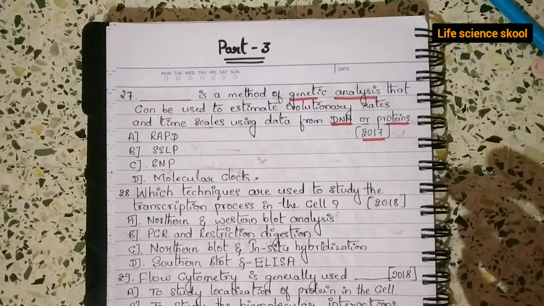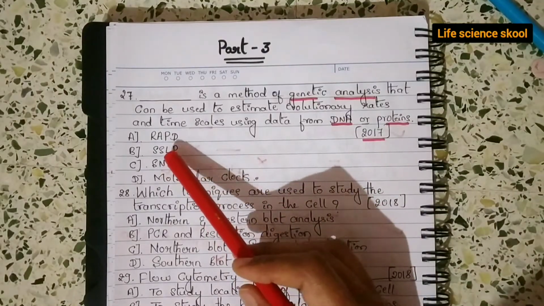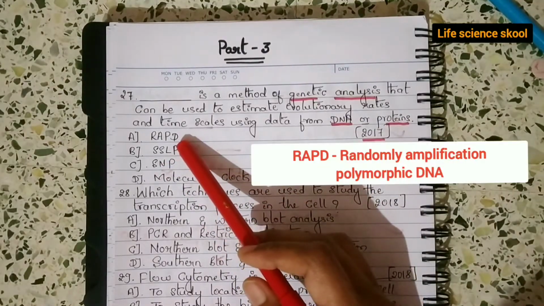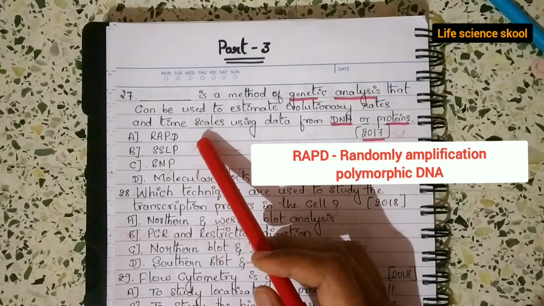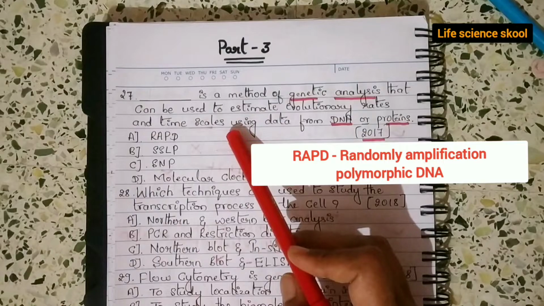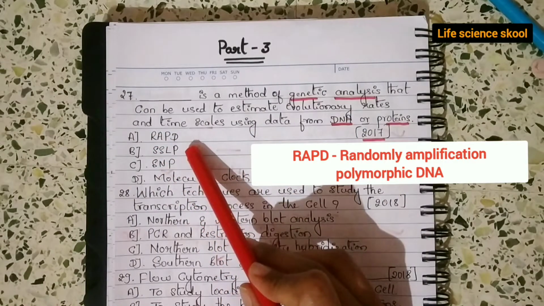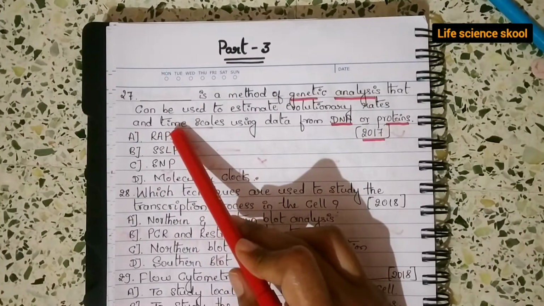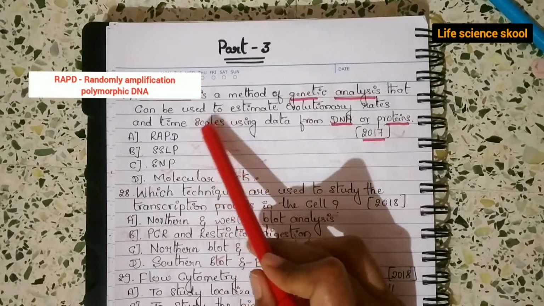The first one, option A, is RAPD. What is this RAPD? The long form of RAPD is randomly amplified polymorphic DNA, pronounced as rapid. This one is used to identify genetic variations.